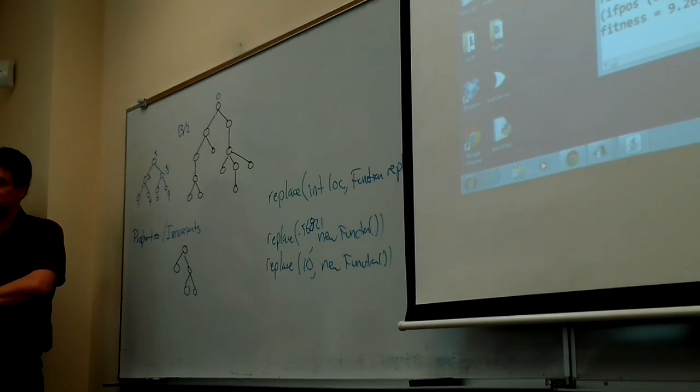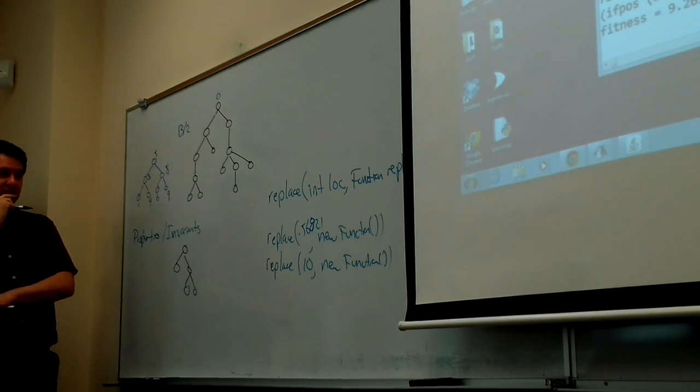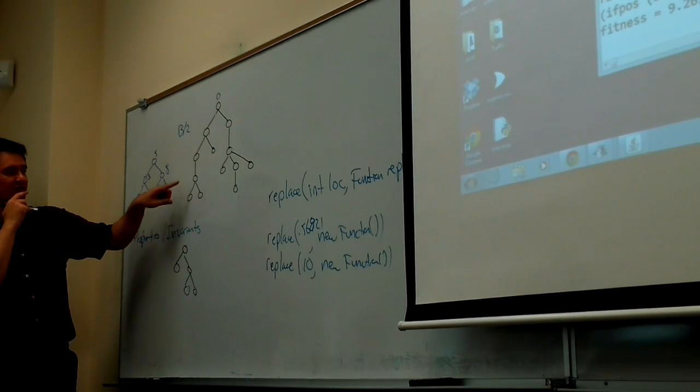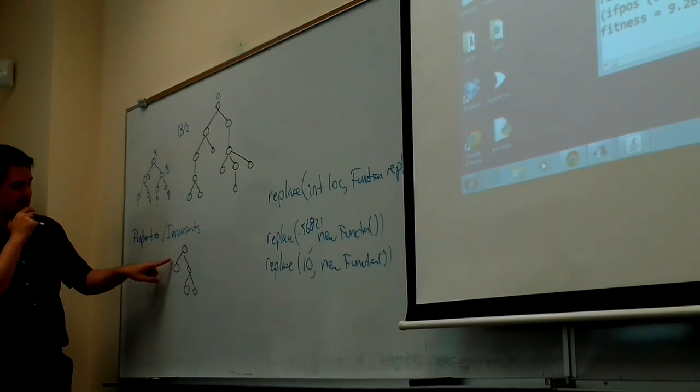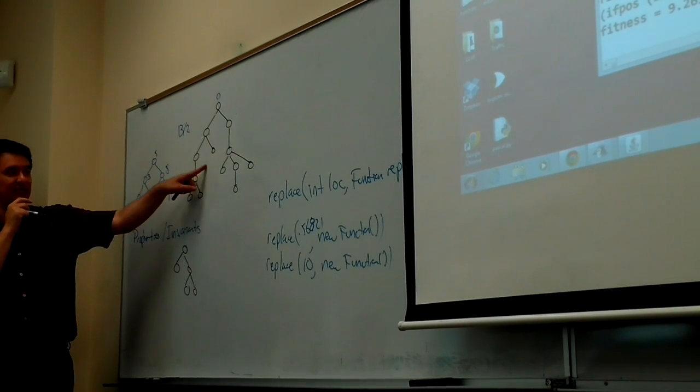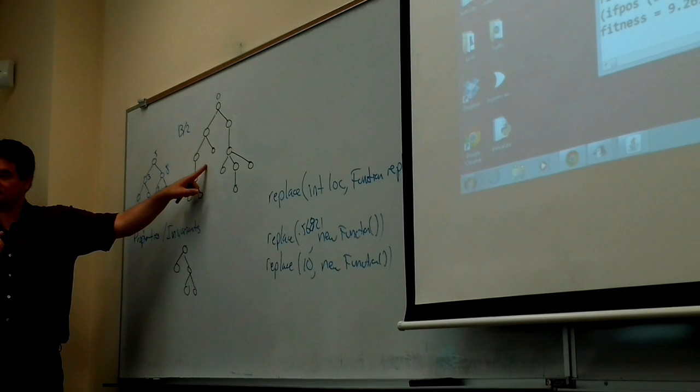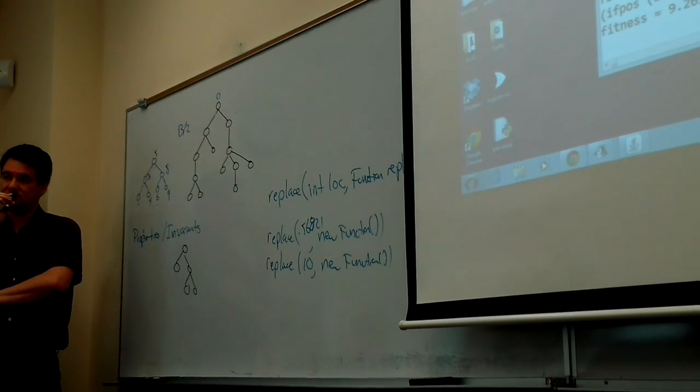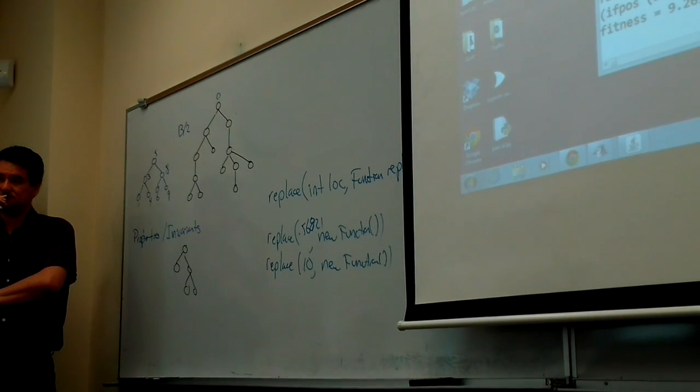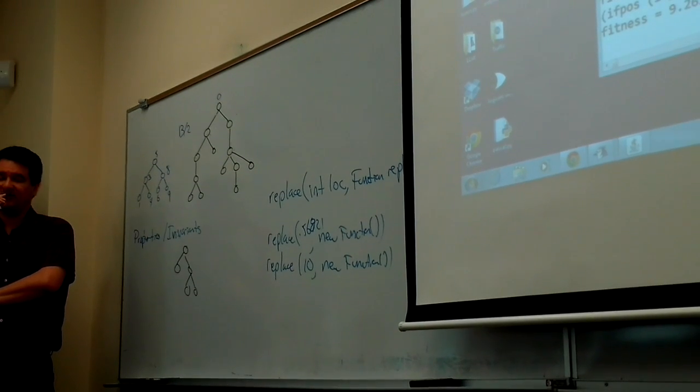I just want to swap one new function in for some spot in here. If that spot is selected randomly, then a unique identifier would not necessarily be needed.